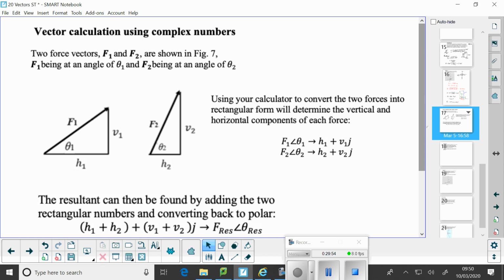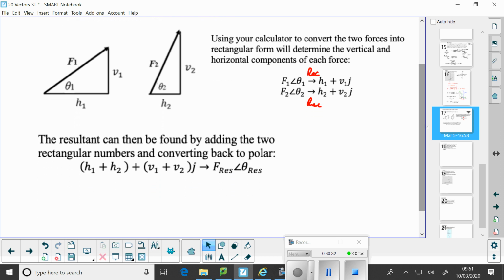Those horizontal and vertical components, the calculations you've just been doing, is what your calculator does when it's converting from polar to horizontal and vertical, or back the other way. Then we can resolve the second force by converting to rectangular, the rect conversion that we looked at a couple of weeks ago.